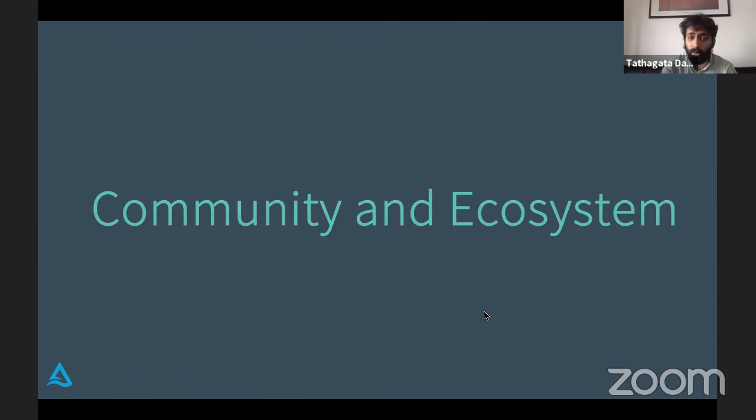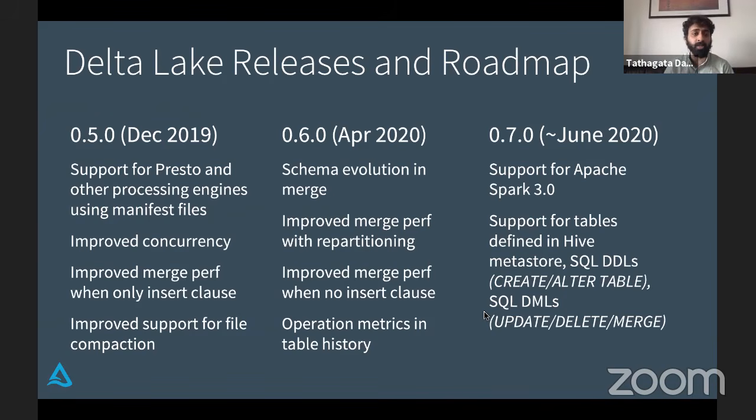Anyways, to end my talk, let's talk a little bit about the community and the ecosystem. We are very aggressively making releases almost every quarter, making significant improvements in the connector ecosystem as well as the performance of very popular operations like merge. We are going to release something in the next couple of days.